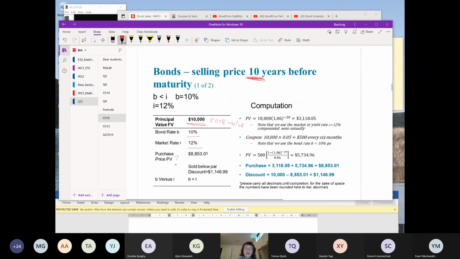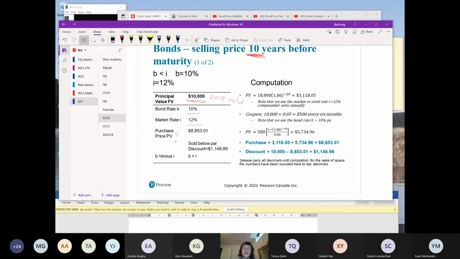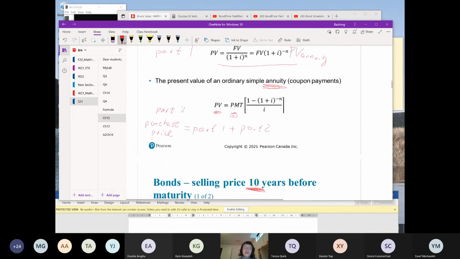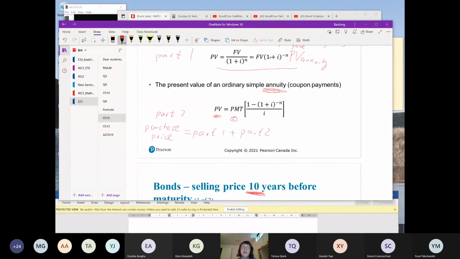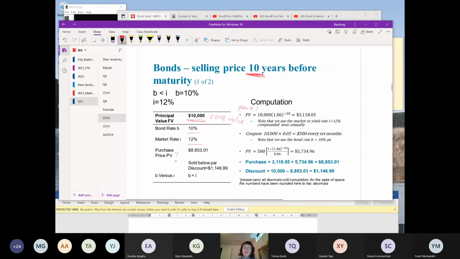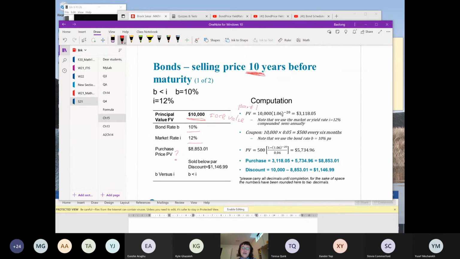Okay, so let's do this calculation. Part 1, the present value of 10,000. You use this formula: PV equals FV times (1 plus i) raised to the power negative n.